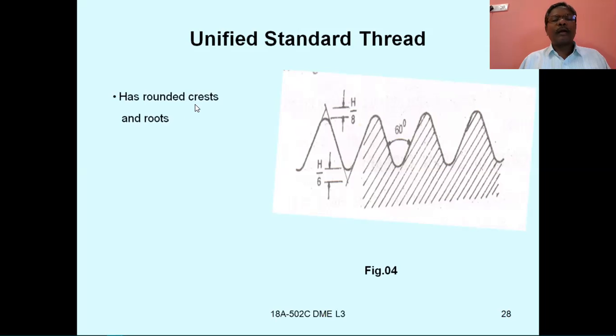The included angle is 60 degrees and it is used in Canada, USA and UK. That means among these three countries, these unified threads are used. So once again, please remember round root, round crest, and thread angle is 60 degrees, used in Canada, US and UK.